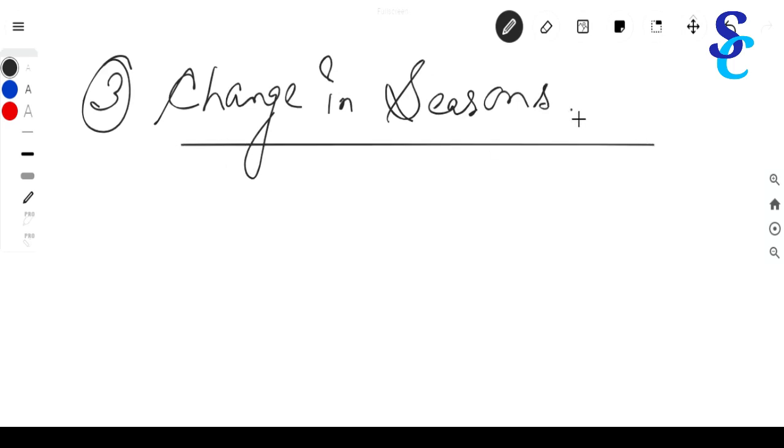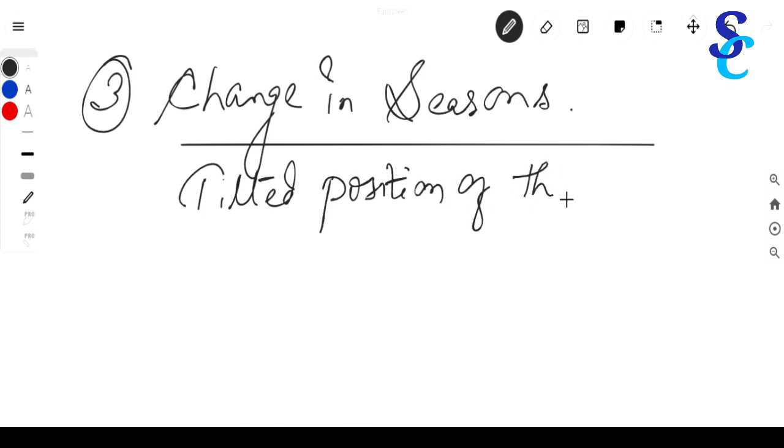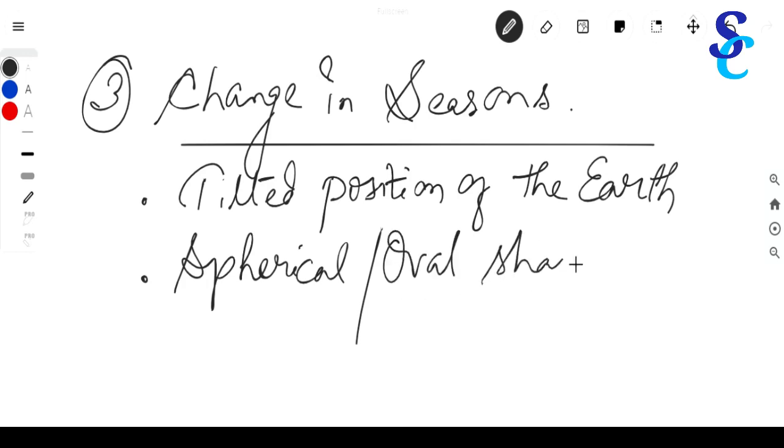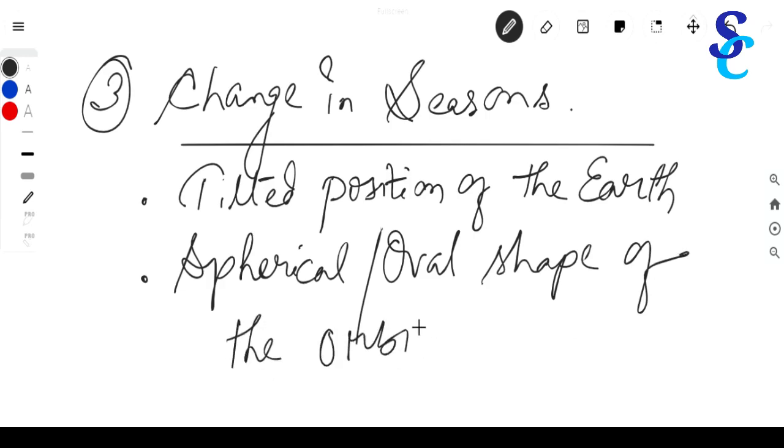Now, for the change in seasons, the tilted position of the earth and the oval shape of the orbit help to form these changes in the seasons.